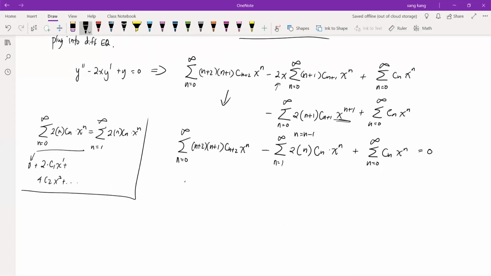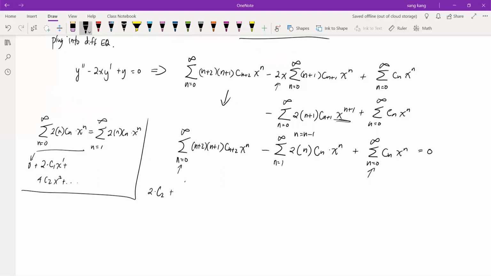Okay, so that means I need to match my indices. In order to make this start at 1, I evaluate this first and last sum at 0, and then change the sum to start at 1 rather. So for this first term, I would have 2 times 1 times c2, and x to the 0 is just 1.